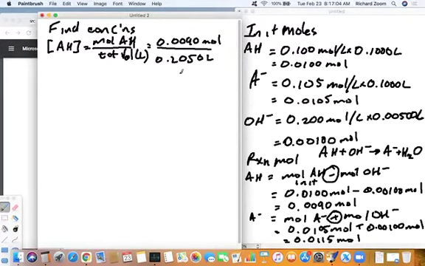Now that's the total volume. So that's 100.0 mL of each buffer plus the 5.00 mL of sodium hydroxide that we added. Anybody have any questions about this?